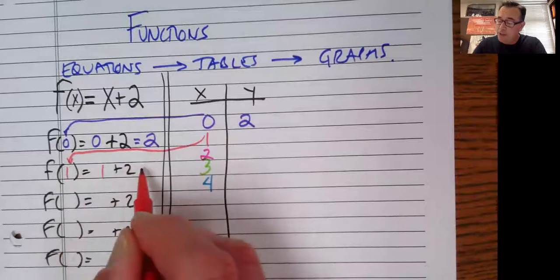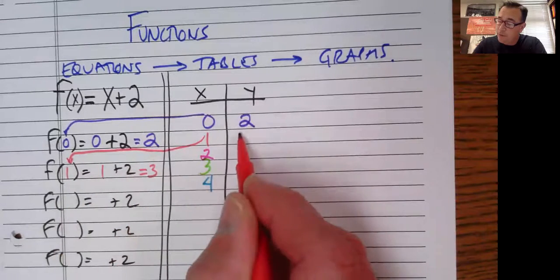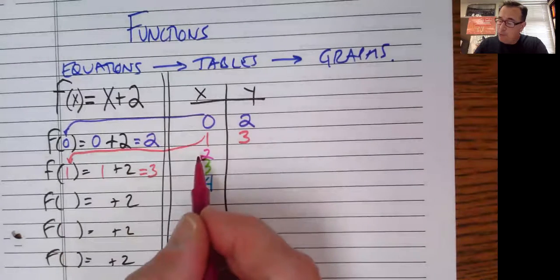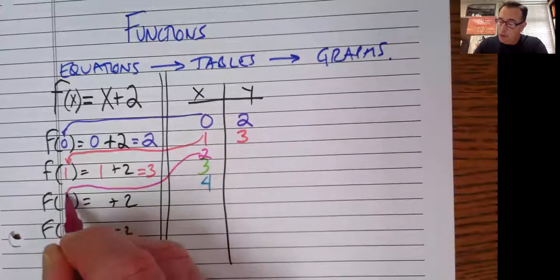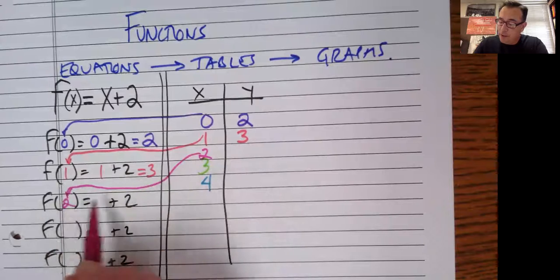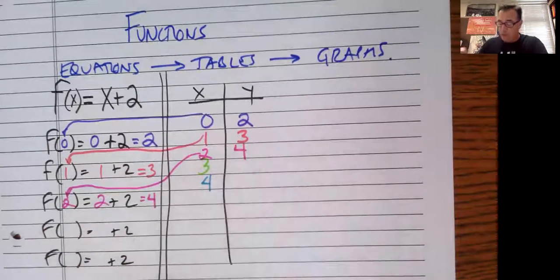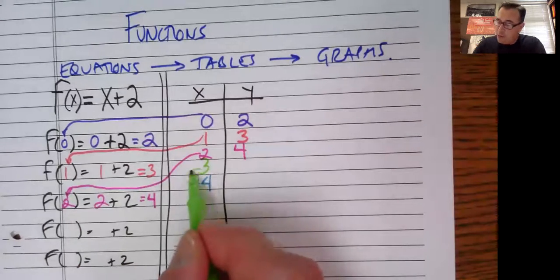F of 1 is 1 plus 2, which is 3. So that'll be my output, my y value. And then I'll put in the 2. When I plug in the 2, 2 plus 2 is going to give me 4. So 2 goes to 4. Then I do the same thing with the 3.